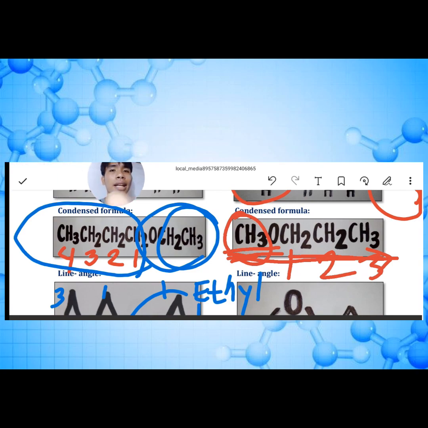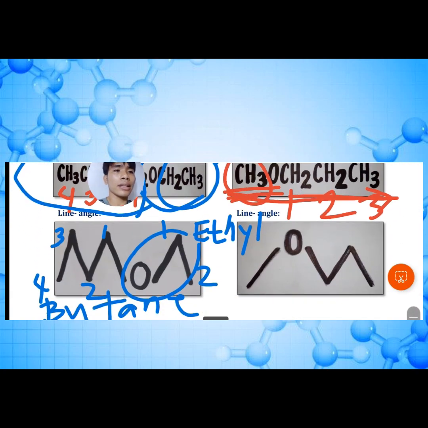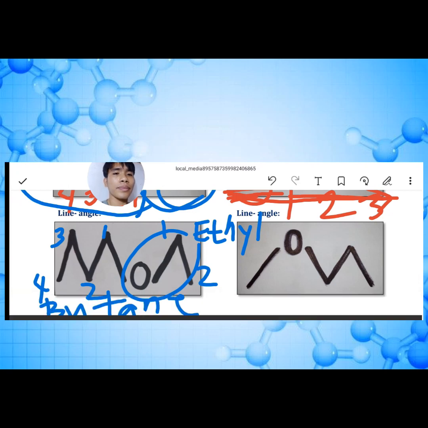So in the line angle formula, this is the 1 carbon or the methyl group. The other one is 1, 2, 3. There are 3 carbons here, which is also the propane.